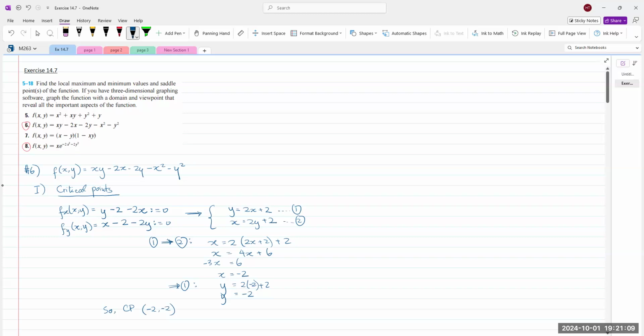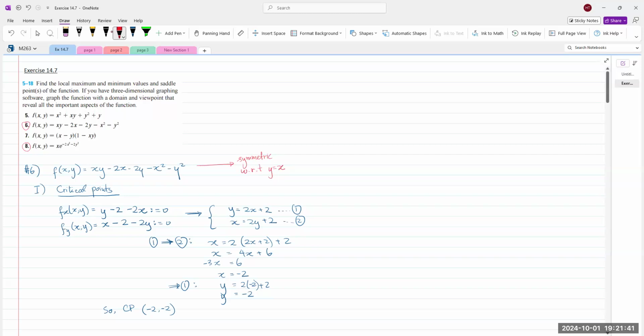Okay, we have only one critical point, huh? Before I go on, I would like to explain a little bit for intuition. Notice that this function is symmetric with respect to the y equals x plane.